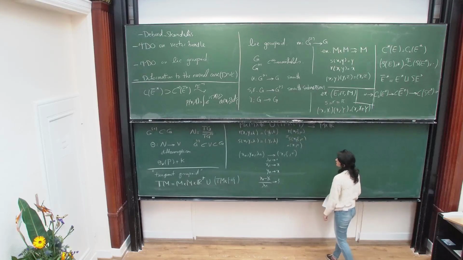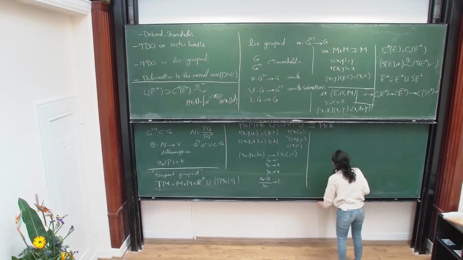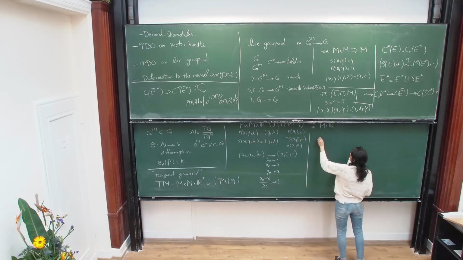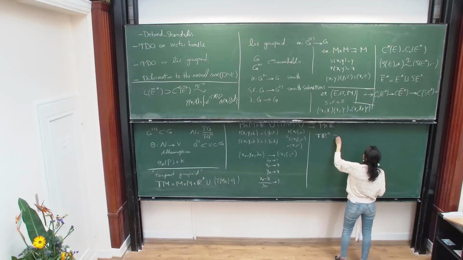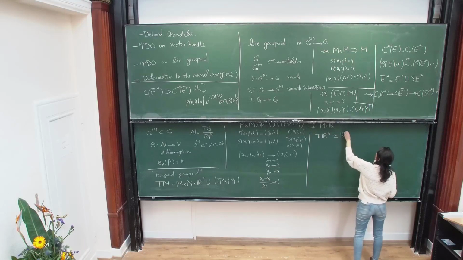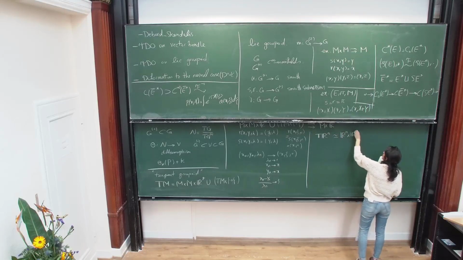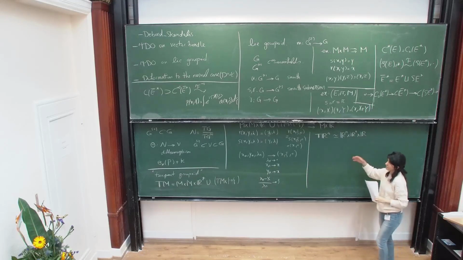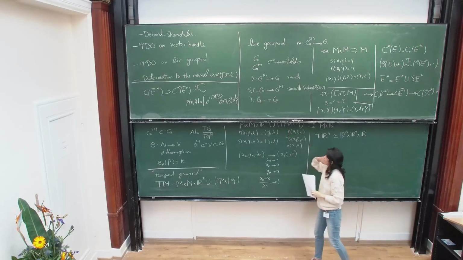Now I would like to give an example of it, which is T of Rn. This is isomorphic with Rn cross Rn cross R-star plus Rn cross 0. This is a good example to see what we are doing here with these columns.